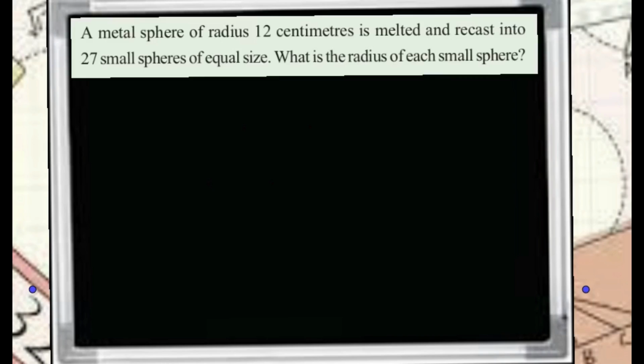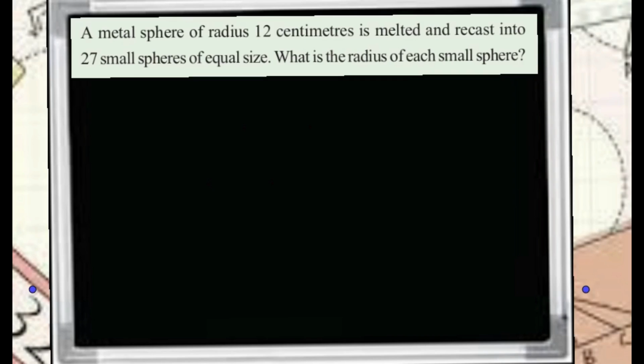This is also from the textbook. Here the question is: a metal sphere of radius 12 centimeters is melted and recast into 27 small spheres of equal size. What is the radius of each small sphere? Here one big sphere is melted and recast into 27 small spheres.